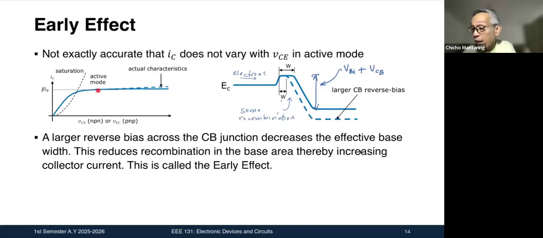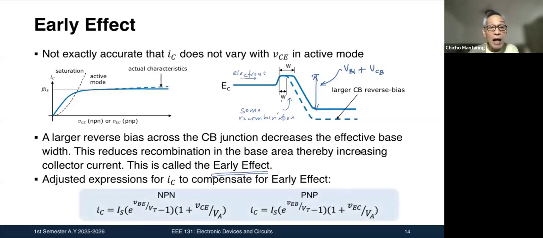That is the reason why, as you increase the reverse bias across the collector base, your current becomes increasingly larger. Of course, the difference could be negligible, because here we only show a very slight increase. This is what we call the early effect.